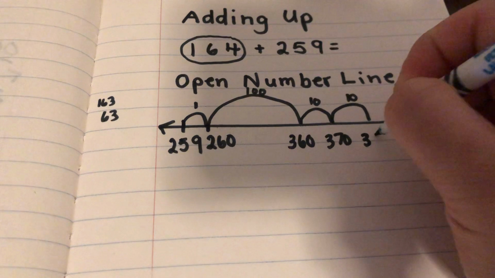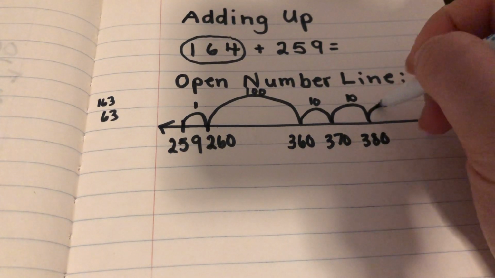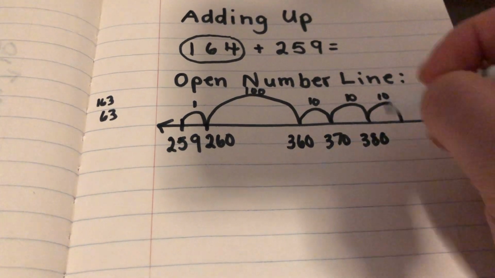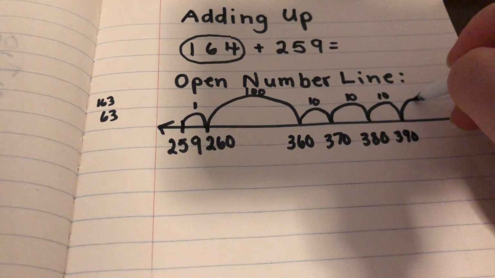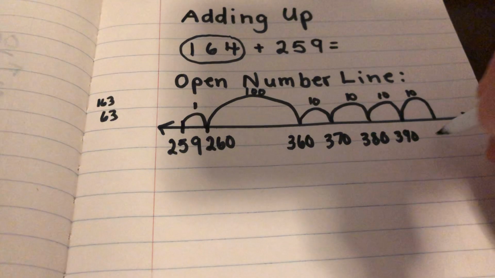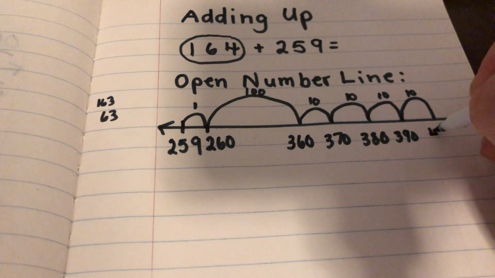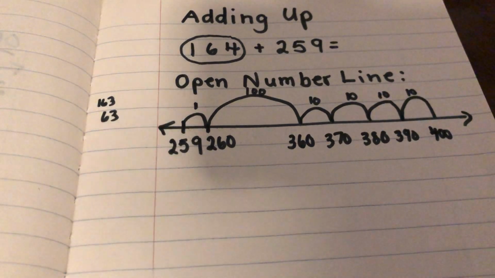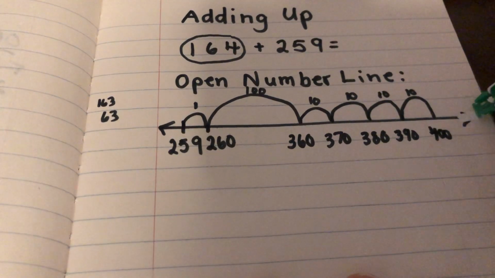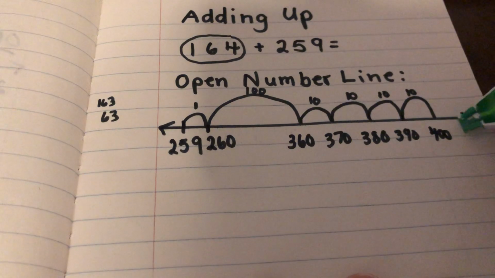Two jumps of 10 is 380. Three jumps of 10 is 390. Four jumps of 10 is 400. Now, I notice I need more space, and that sometimes happens. So I'm just going to get rid of this arrow.